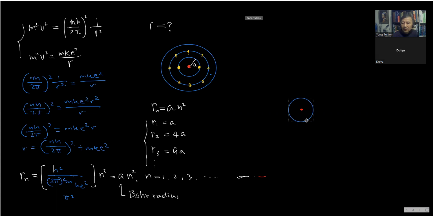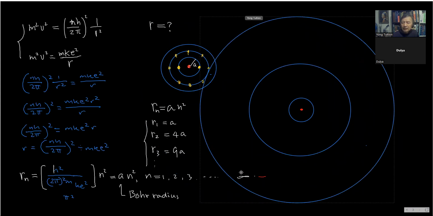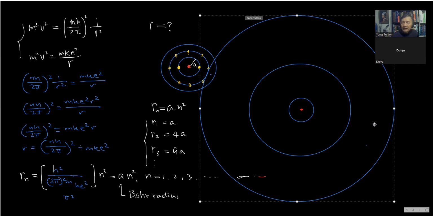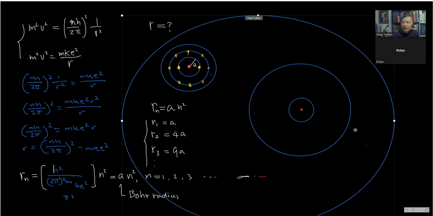And the second shell is 4 times bigger, roughly, can you see? And the third one will be something like this. Or even larger, because if this is 4, that is 9, it's even larger. Can you follow me?